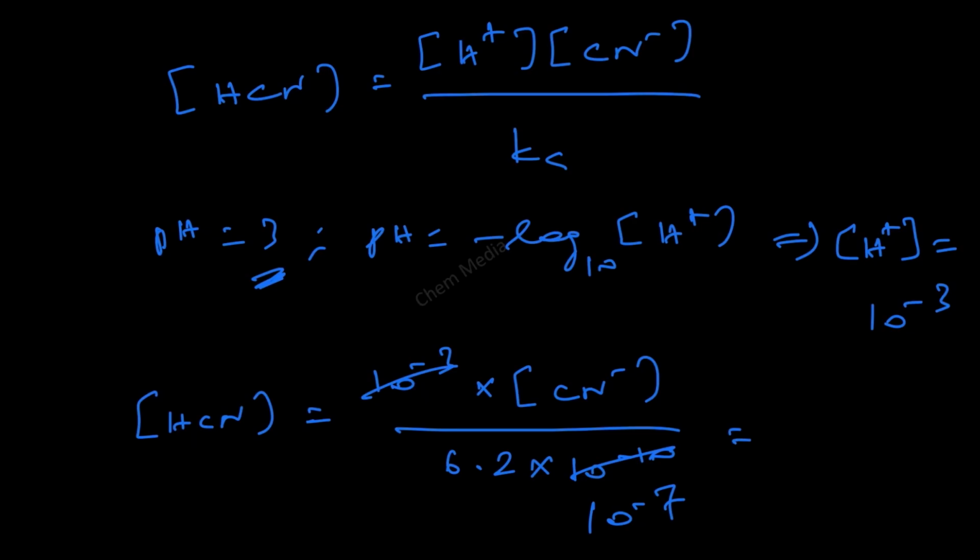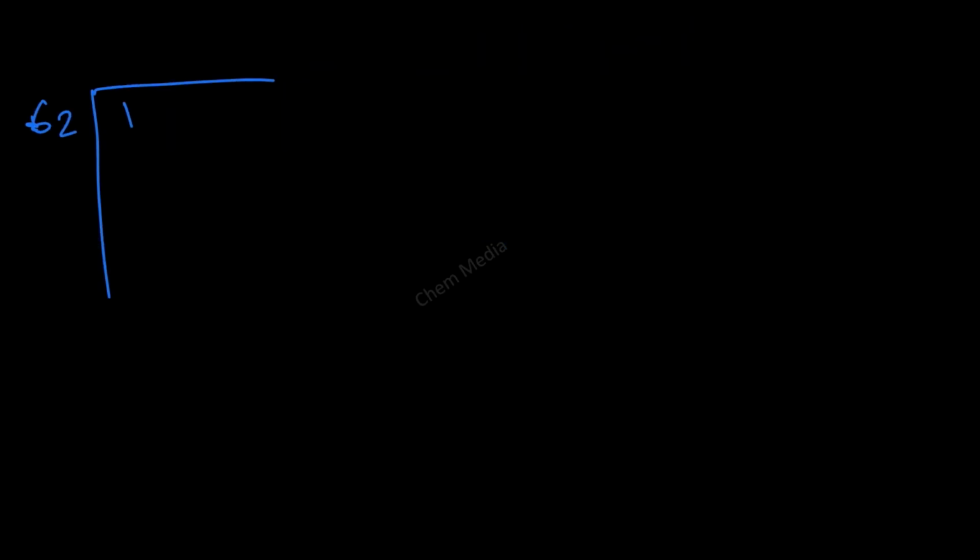Therefore, we can write that this is 1 times concentration of CN minus divided by 62 times 10 to the power minus 8. So, let us figure out 1 by 62. 1 by 62 we can't divide, so put a 0 and raise it to the decimal. We still can't divide, so put another 0 and now we can do it one time. So, 62 remaining 38, we can't divide, put a 0. Now, we can do it 6 times.